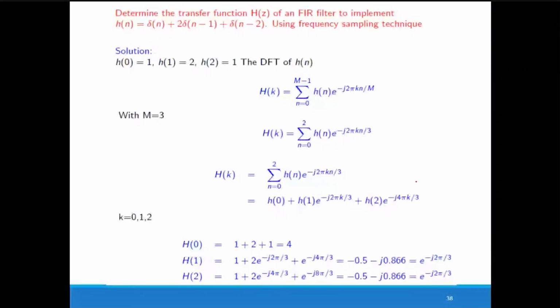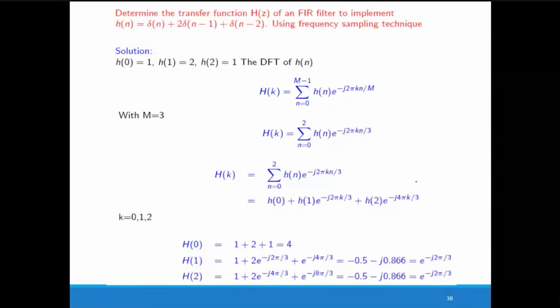The sequence given to you is a time domain sequence. You can say one impulse train is given to you, having delta n, twice delta n minus 1 and delta n minus 2 values. So you have to implement this structure with the frequency sampling technique.